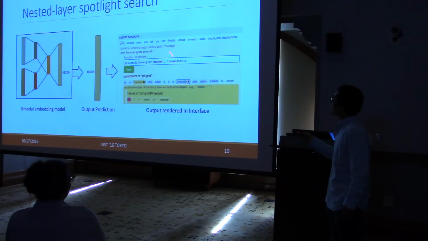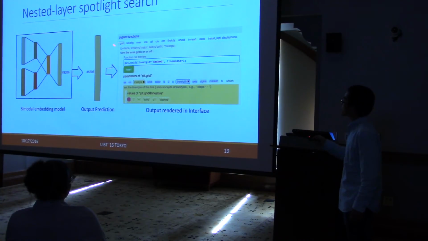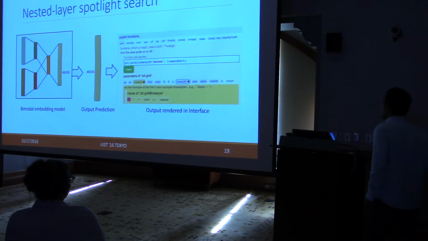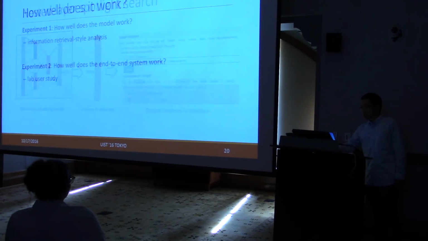So that's the nested layer Spotlight search that we proposed, where the top layer is function, the second layer is parameters, the third layer is values, and the user can click on these to navigate to the element he or she wants, and then the change will backpropagate to the top layer so that the change is applied.